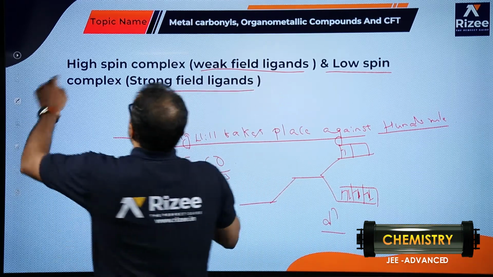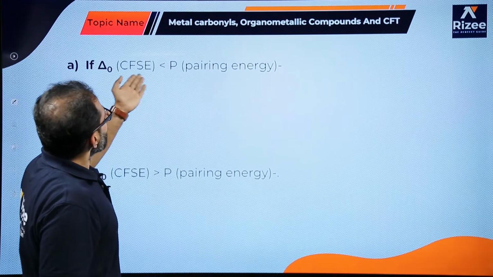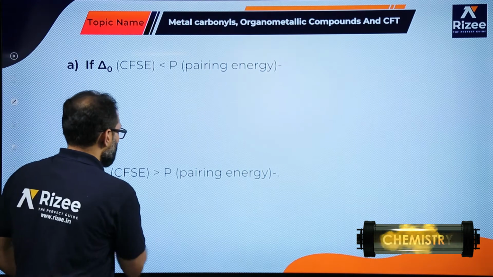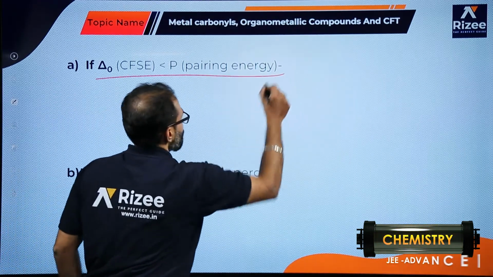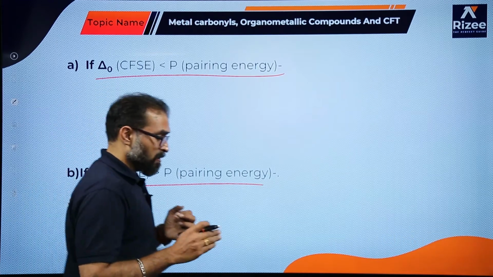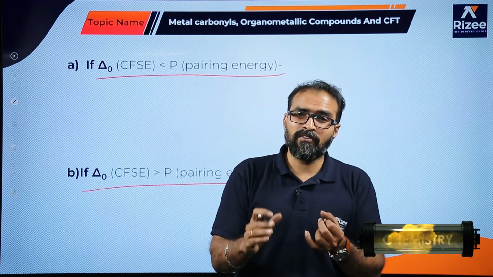For high spin or weak field complexes, delta naught is less than P, the pairing energy; for low spin complexes, delta naught is greater than the pairing energy. Now see these two cases, depending upon the strength of the ligand. If it is a weak field ligand, what will happen? If it is a strong field ligand, what will happen?